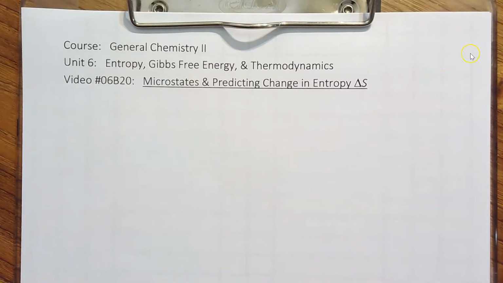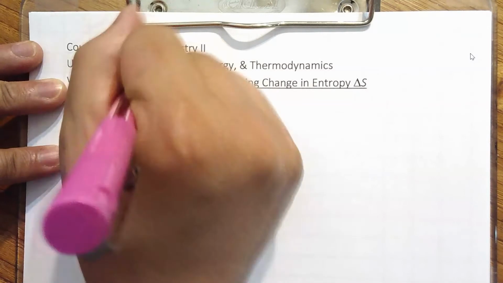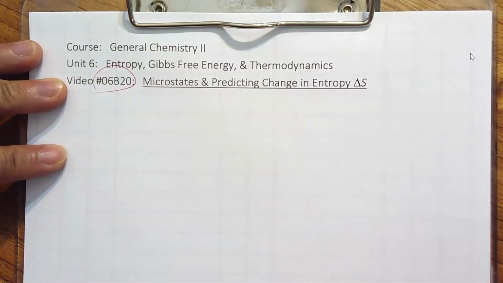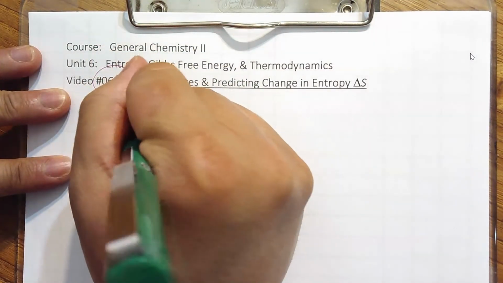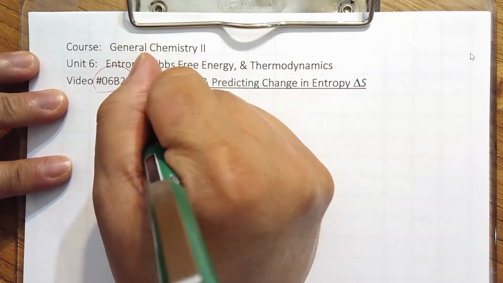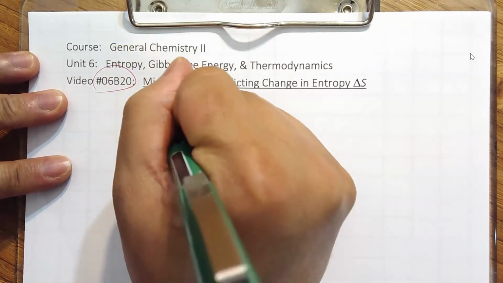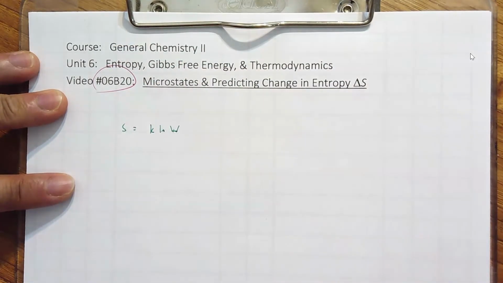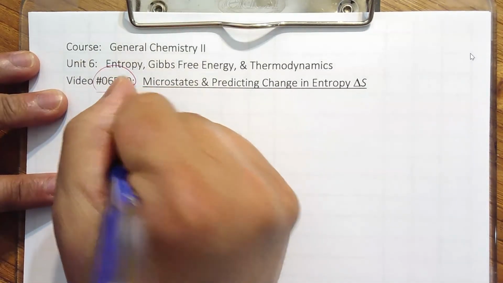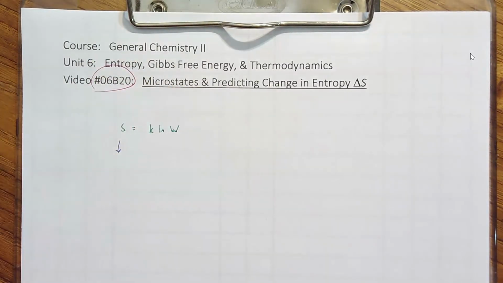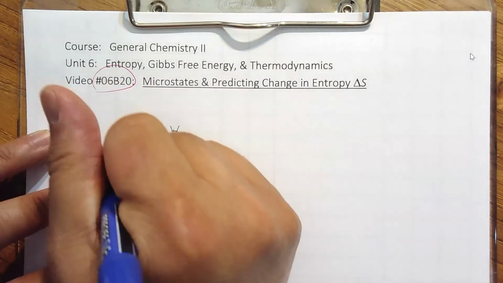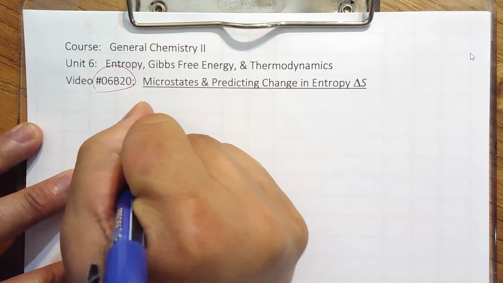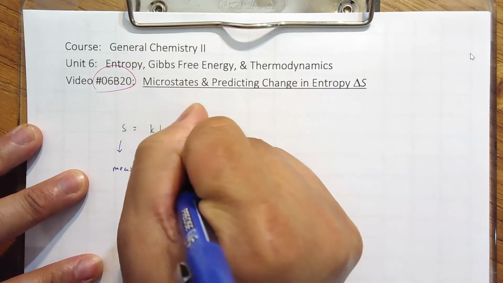Okay, the Boltzmann equation has entropy equal to k ln of W. Now, I'll remind us what entropy is. There are a couple of definitions, but the main definition, for me, is a measure of disorder.